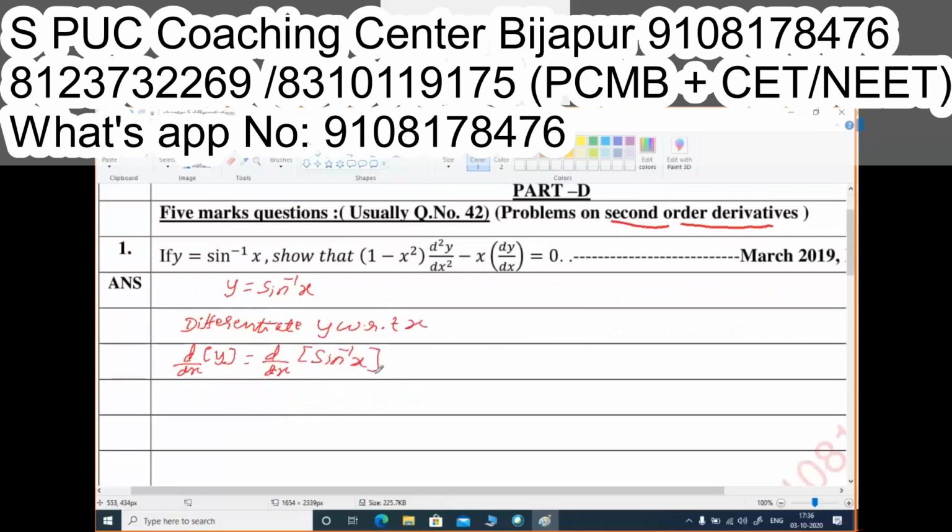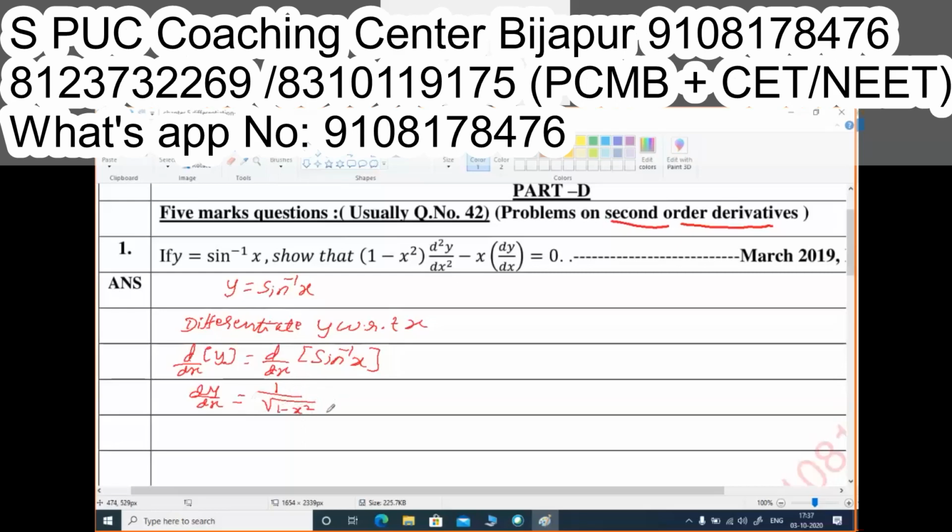On this side you write dy by dx, of course. What is the differentiation of sine inverse x? It is 1 divided by root of 1 minus x square.